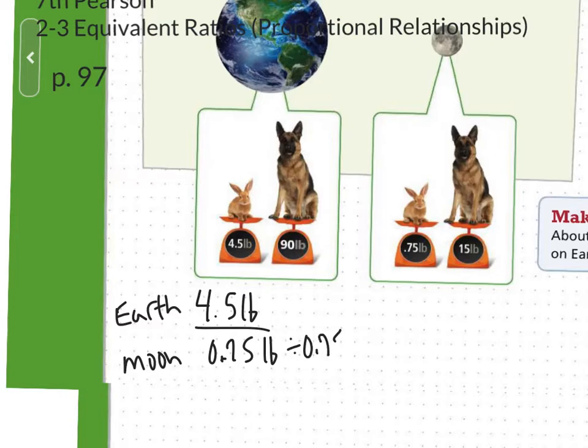And kind of like we did in the last section, it might be nice to know how much it weighs for every 1 pound on the moon. So if we divide both of these by 0.75, 4.5 divided by 0.75 is 6, which means, for this rabbit anyway, 6 pounds on Earth for every 1 pound on the moon.